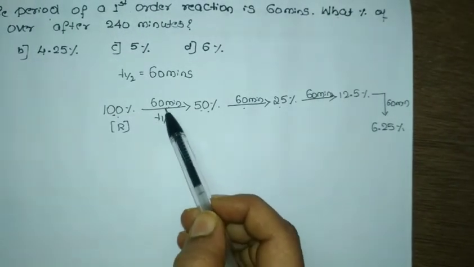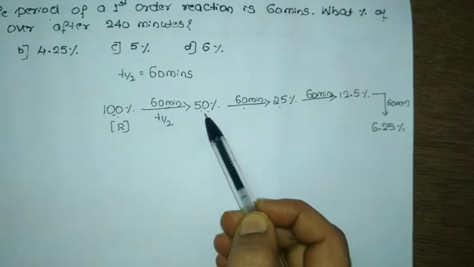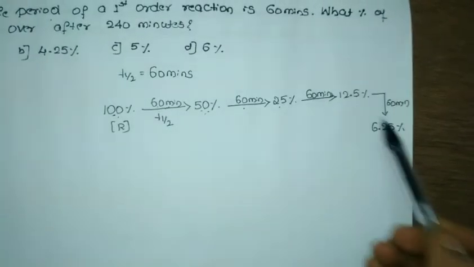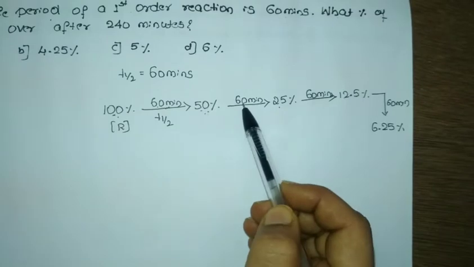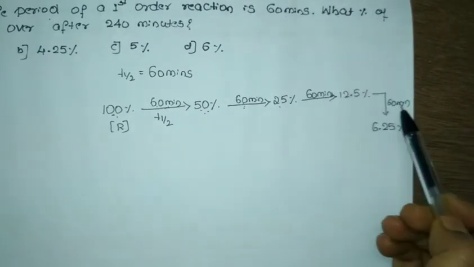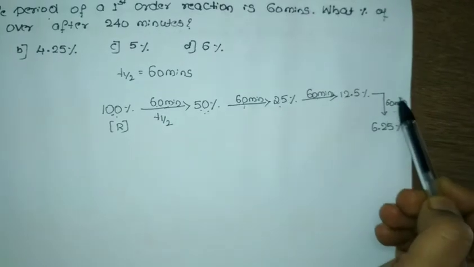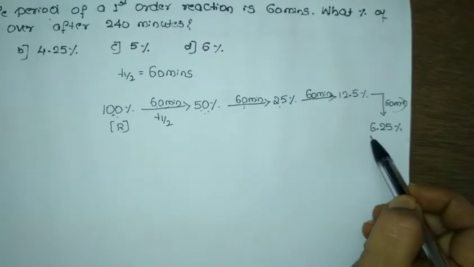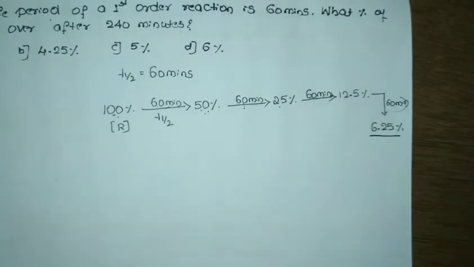For 60 minutes it is 50%, and 60 into 4 is 240. So 60 plus 60 is 120, then 180, plus 60. For 240 minutes, the percentage left will be 6.25.